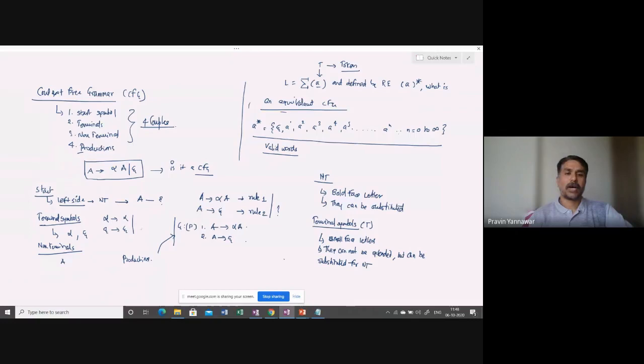So now, are they producing? So the question comes, okay, we have validated, right? So here the regular expression is validated. Okay, got it. Now we have to validate this.